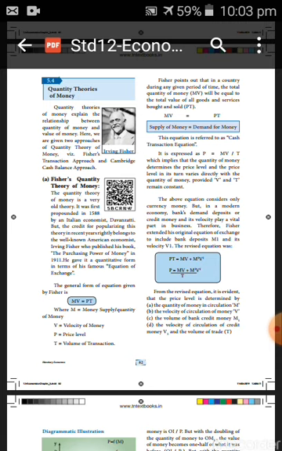But in a modern economy, bank demand deposits or credit money play a very important role in business. So Fisher extended his original equation to include bank deposits M1 and its velocity V1.